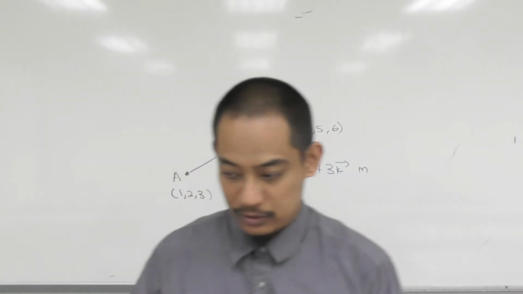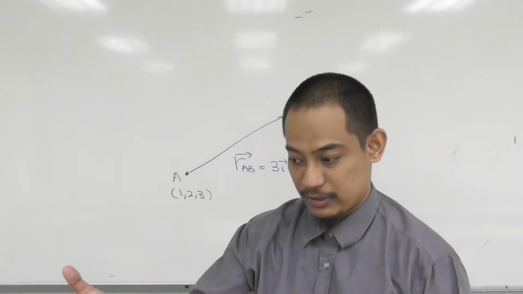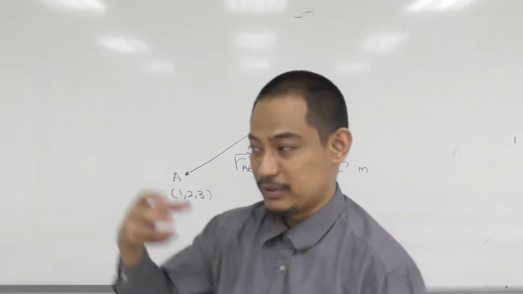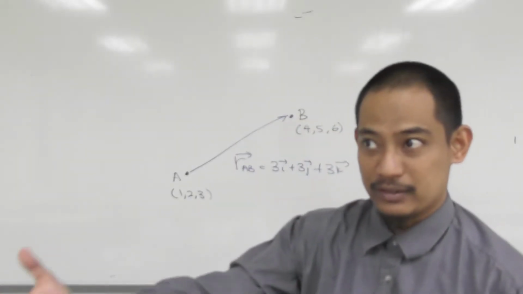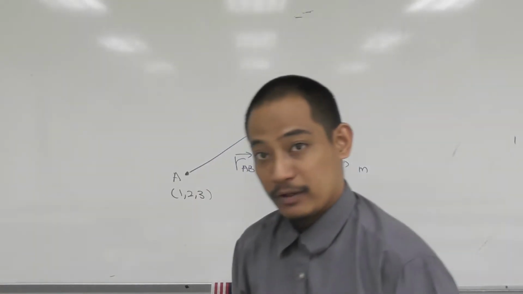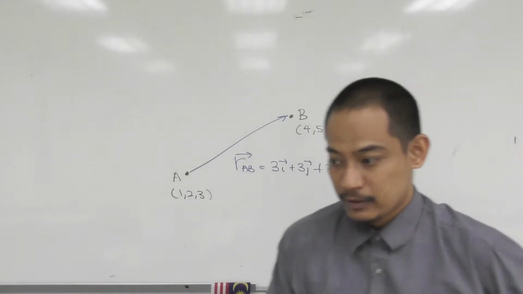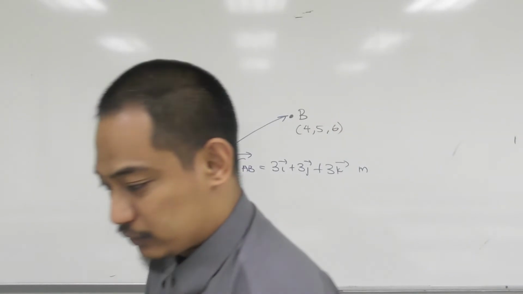So the slide says always subtract the tail coordinate from the tip, meaning the end point minus the original point. I think you can understand that. So this is simply the position vector. How do we get the force then?